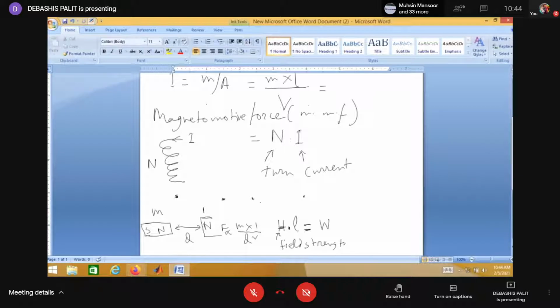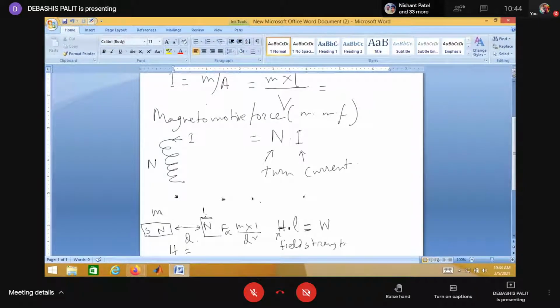Field strength means force, H. That H is the magnetizing force, m into the unit north pole, that is the force experienced on the unit north pole, m into 1 divided by d square. So that is the magnetizing force.